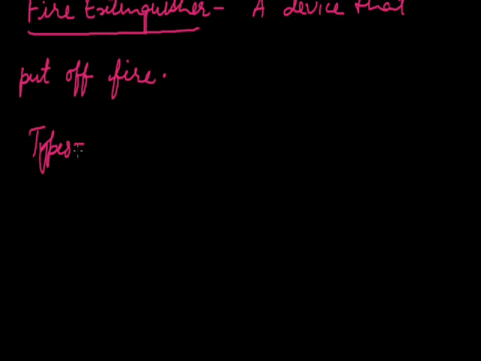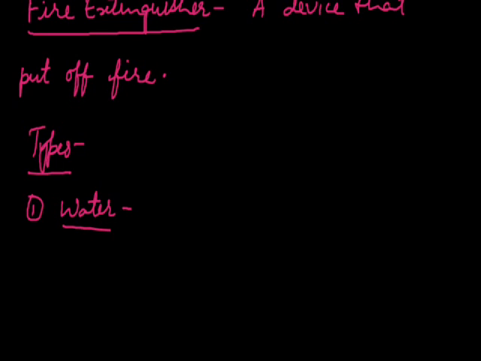The first is water. We have quite commonly observed whenever there is a substance or place under fire, the first thing which comes to our mind is to take water and put it on fire. It would quickly extinguish the fire.